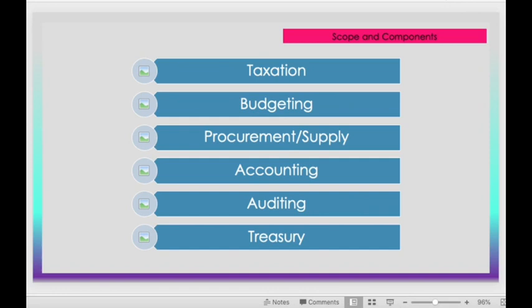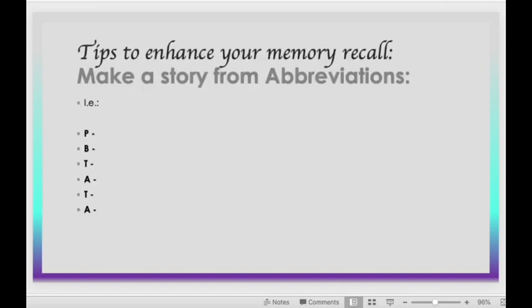Okay, since these components are very important in order to understand what PFA is all about, I'm going to teach you how to easily memorize these components. This is my way to memorize things very fast. Tips to enhance your memory recall: make a story from abbreviations.